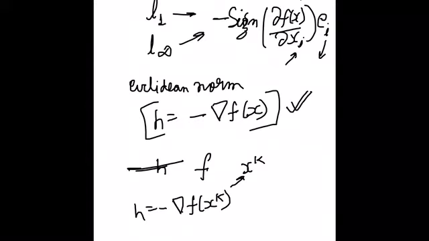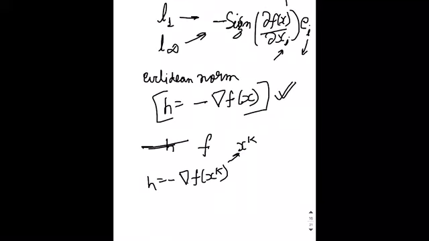Having found this, we update x: we find x_k plus 1 using x_k minus t times h.